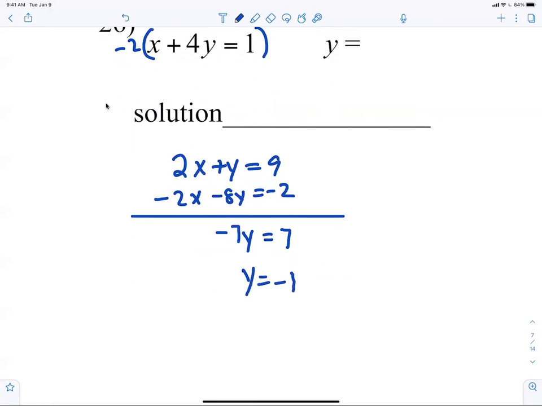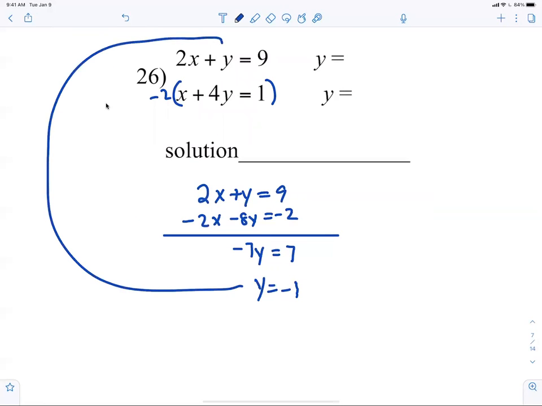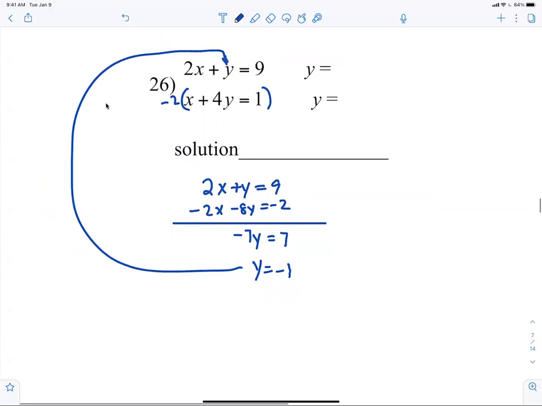I believe y is -1. So then remember, I just plug y equals -1 in for y. And I have 2x minus 1 equals 9. So obviously x equals. So my answer is, does everybody agree 5, -1? Everybody with me on 5, -1?